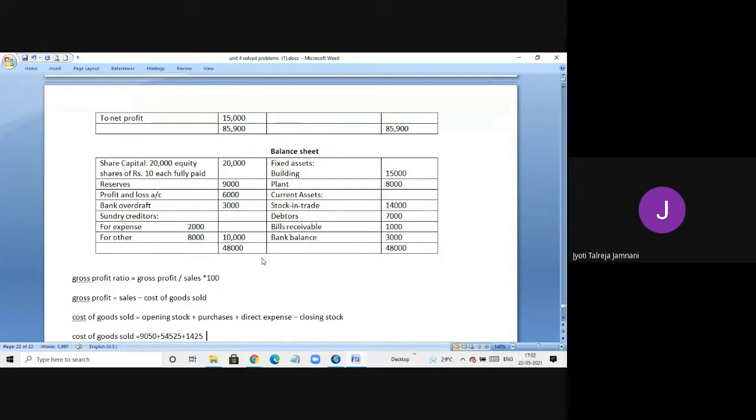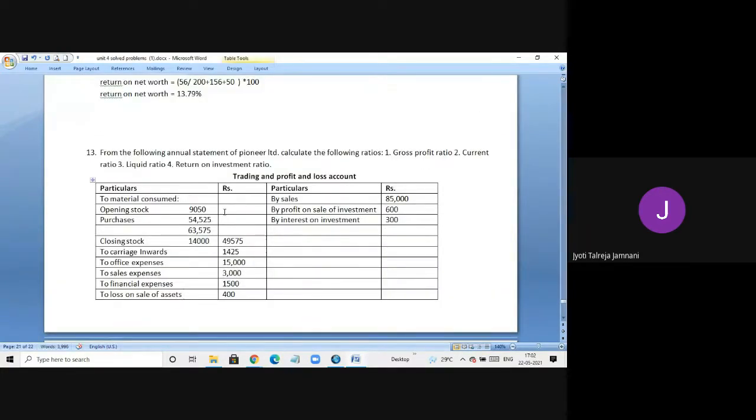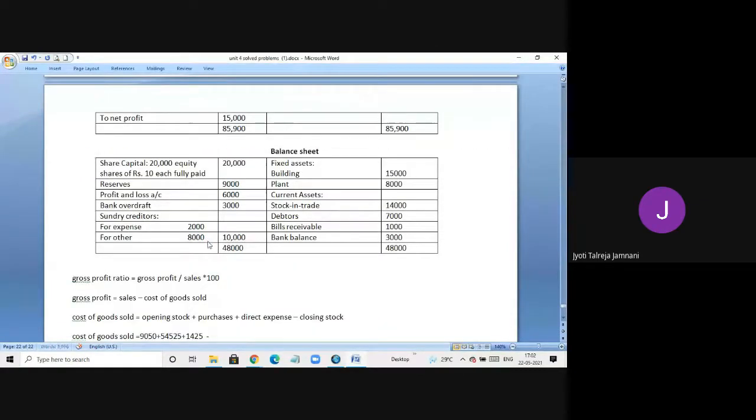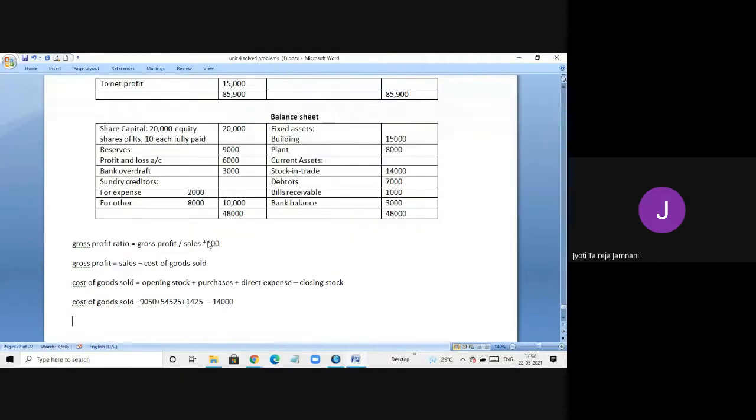Direct expense minus closing stock we have to do. The closing stock value they've given here is 14,000 rupees. Solve this equation, we'll get the cost of goods sold. I'll call it COGS, cost of goods sold.